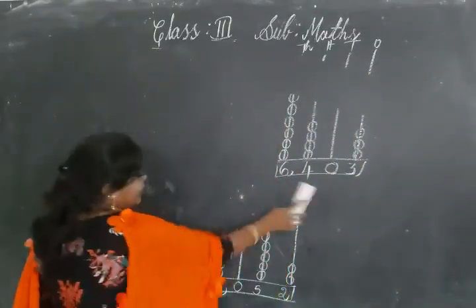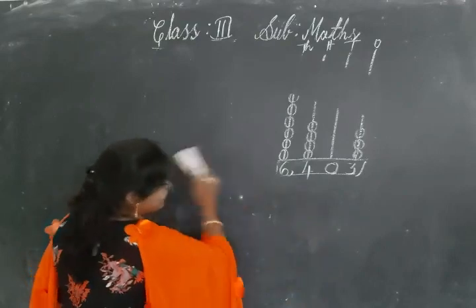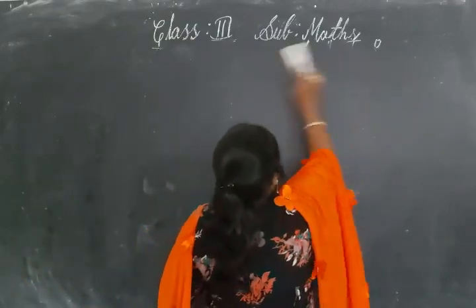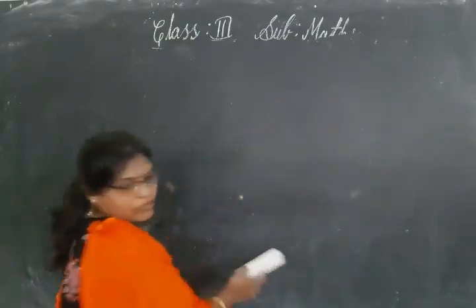Okay, now come on children, let's revise the expanded notation once. Now I will write a few numbers. You have to tell the expanded notation for the numbers.